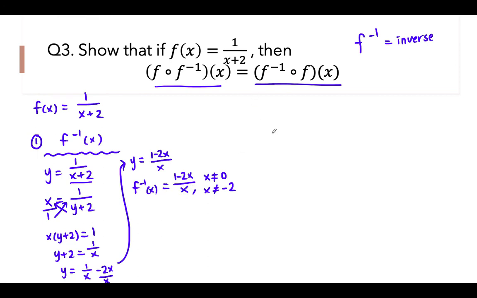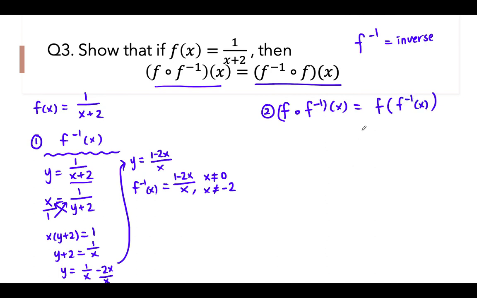Now let's do the second part. First, let's do f of f inverse of x. This essentially means f of f inverse x.